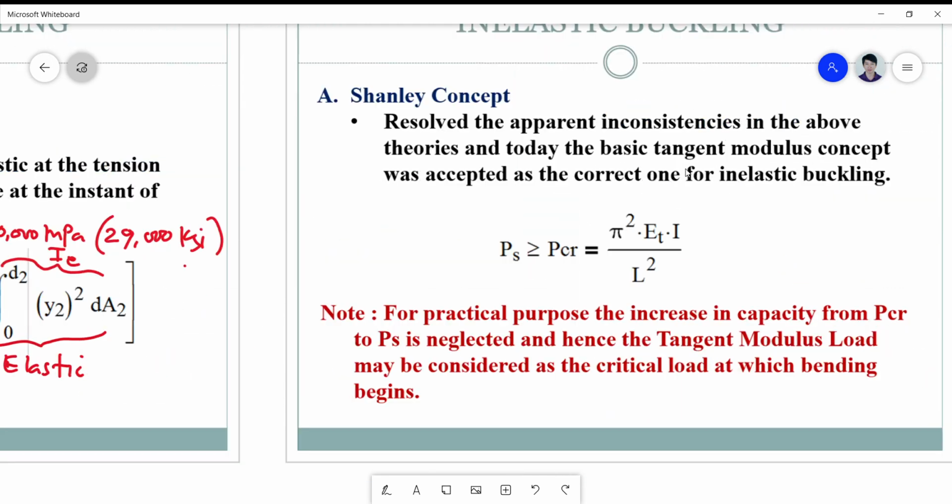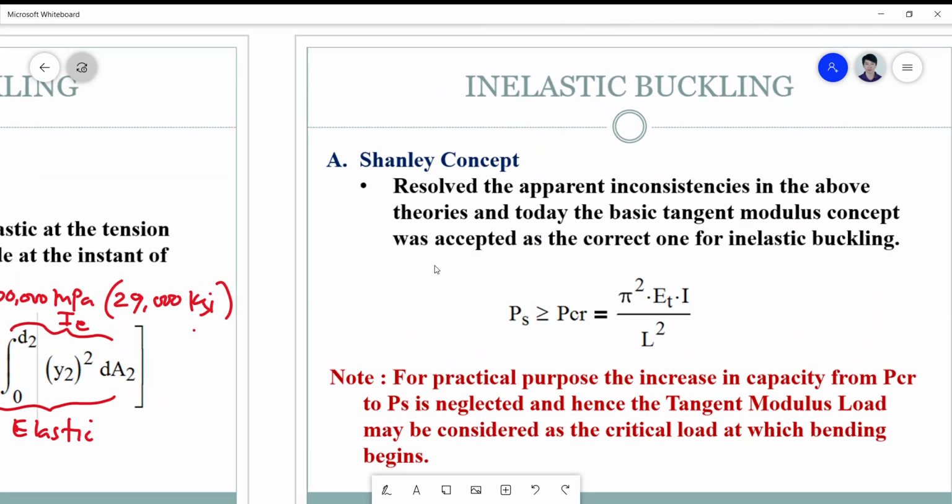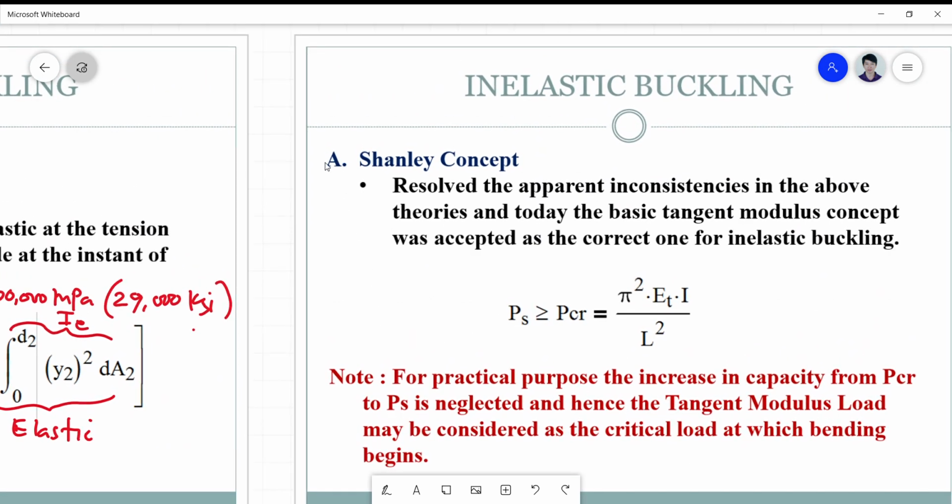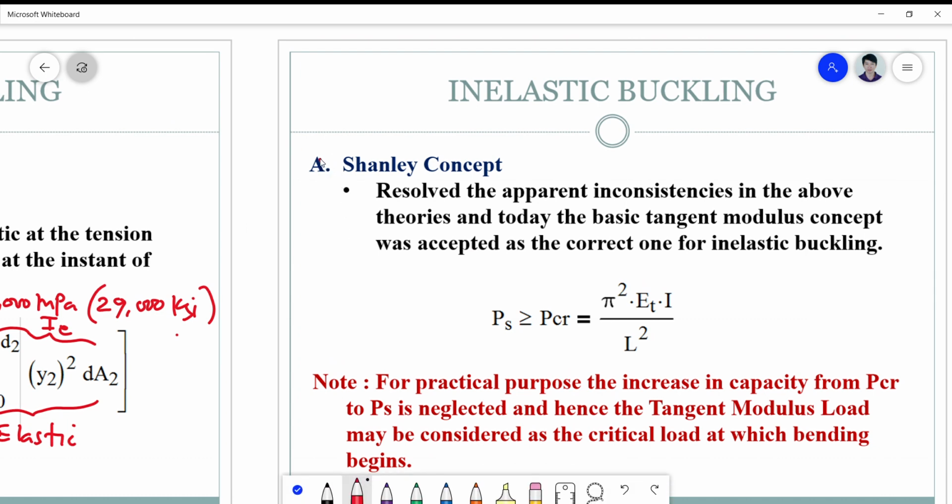So now this is the third theory, and this letter C, the Shanley load or the Shanley strength, actually resolves some inconsistencies in the two, but favored the basic tangent modulus as the more correct formula, since it was found out that the load for this particular concept is slightly greater than PCR.